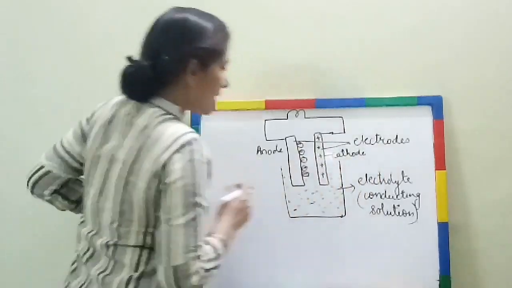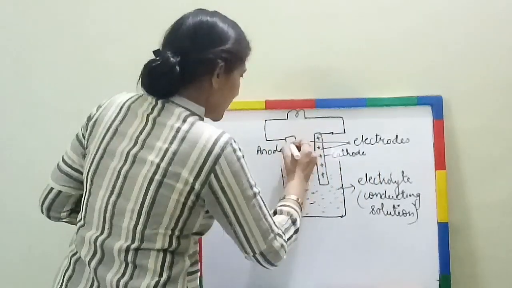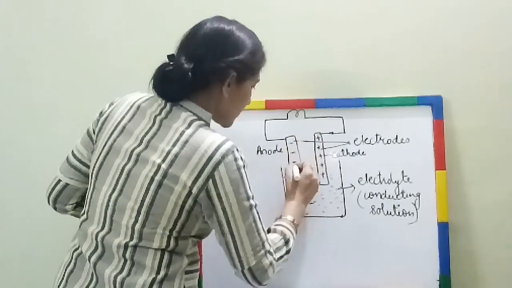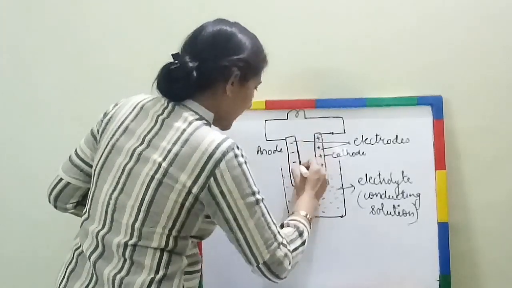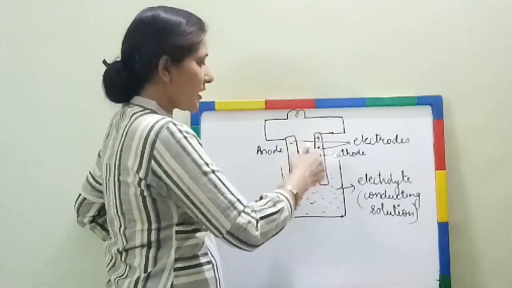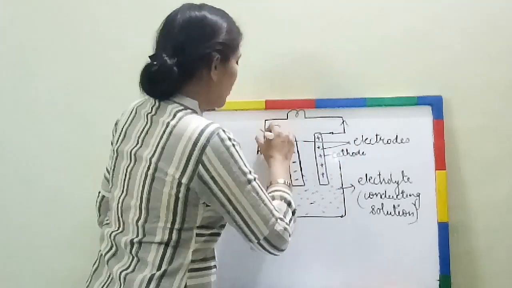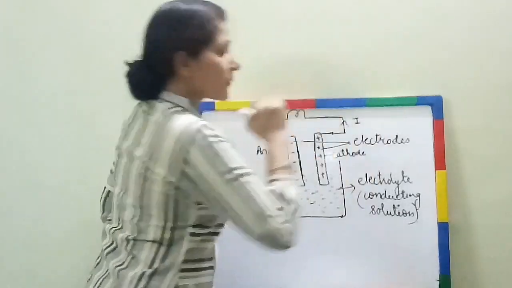You need not study about anode and cathode here; in physics it is not required. This is just to understand how charges will move. So this is the negative terminal and this is the positive terminal, meaning this is higher potential and this is lower potential. And current will start moving from higher to lower. This is the direction of current.